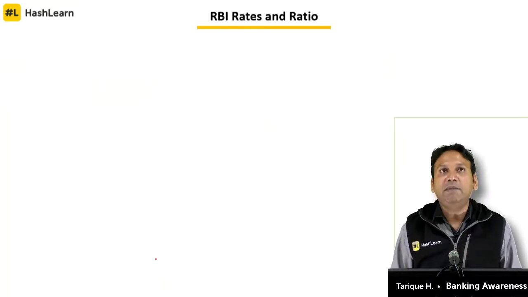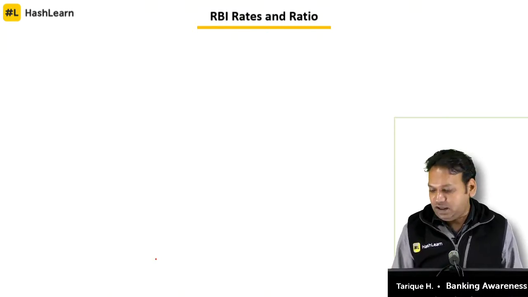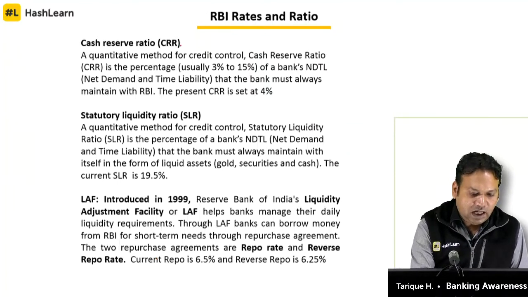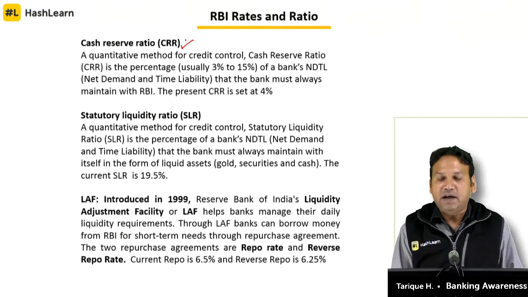So these are the principal functions of RBI. Now let's look at a little bit about the RBI rates and ratios to have a clear understanding of these things. First of all, we have CRR, cash reserve ratio. What is the CRR?